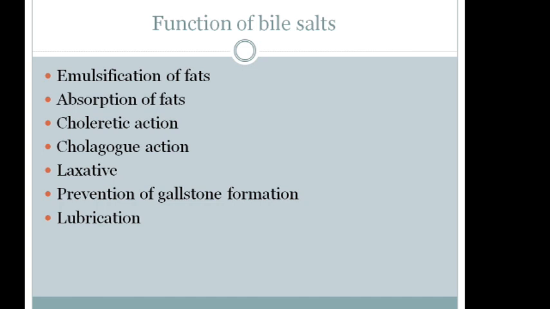But if the bile salts are not present, or because of any biliary dysfunction the bile salt secretion or formation is less, this cholesterol and lecithin will form a complex and precipitate into gallstones. So because of the bile salts, cholesterol and lecithin are present in solution, and it prevents gallstone formation.